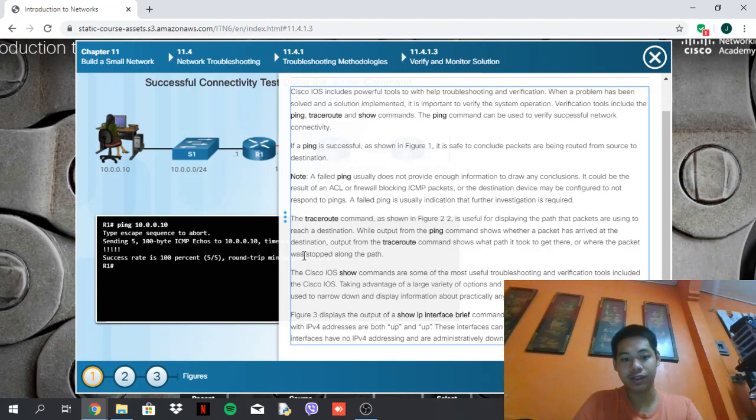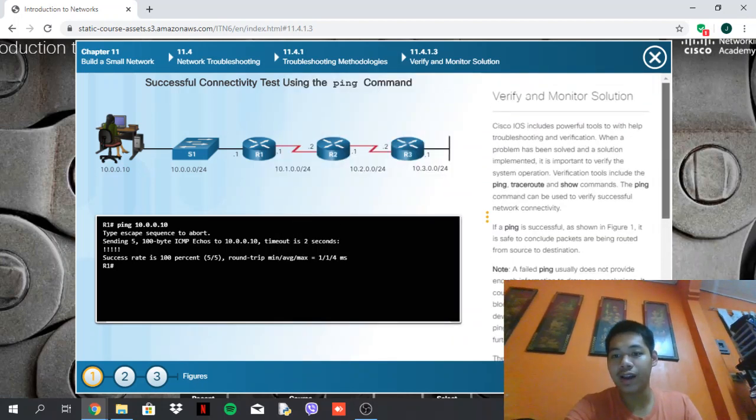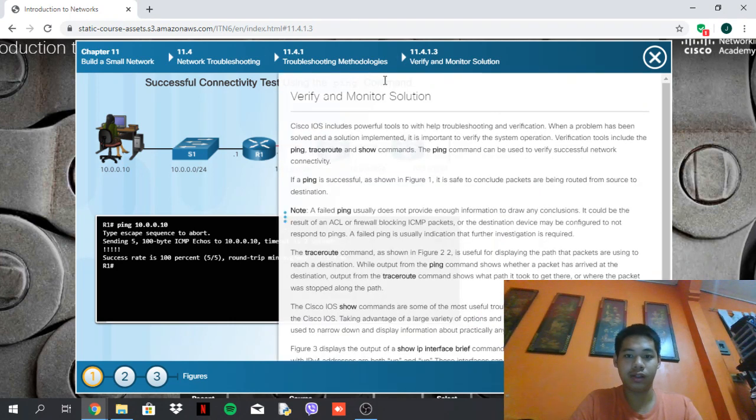And that is how you verify and monitor your solutions in a network.